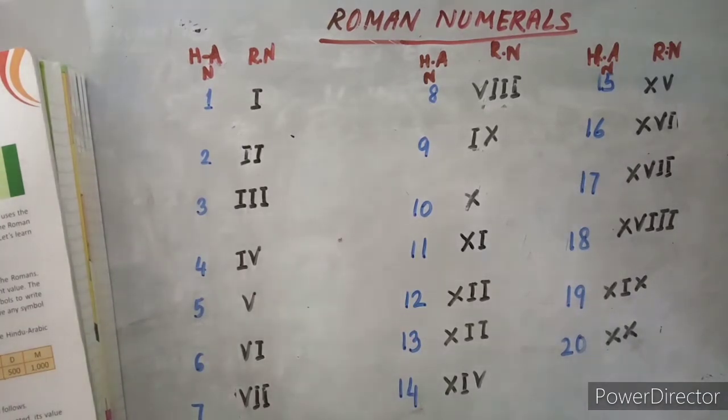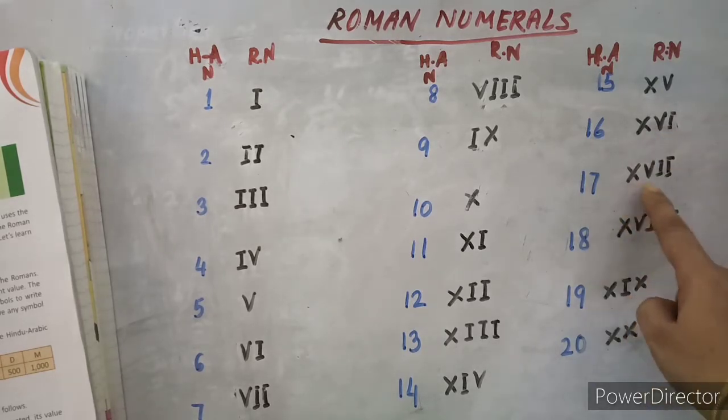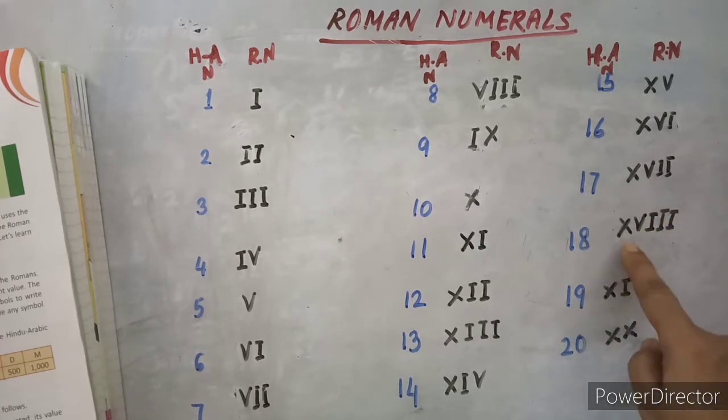Now see 12 and 13, one more I will be there, and 14, then 15 is 1 X and 1 V, 16 is 1 X and 1 V and 1 I, 17 is 1 X, 1 V and 2 I's, 18 is 1 X and V and 3 I's, 19 is 1 X and I and X, and 20 is double X, isn't it?